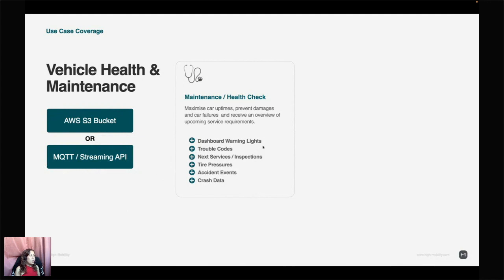If, for example, the tire pressure is reaching a certain level and you want a fully automated process initiated on your side, then we strongly advise you to go directly for MQTT. If you just want to assess a large volume of data, maybe evaluate a fleet, the health of the fleet, or come up with a predictive model, then you can go for an AWS S3 bucket.